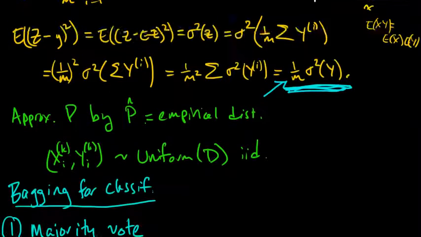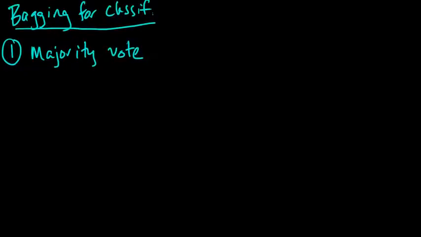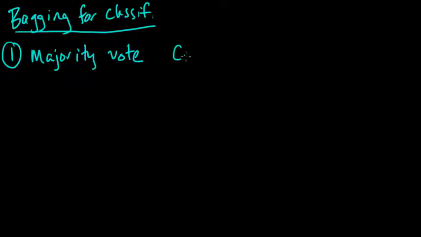So we'll get some sequence of classifiers, maybe we call them C1 up to CM, and given a new point x, we would look at the class that each of the classifiers predicted for x and just take the majority vote. So just a very simple approach.